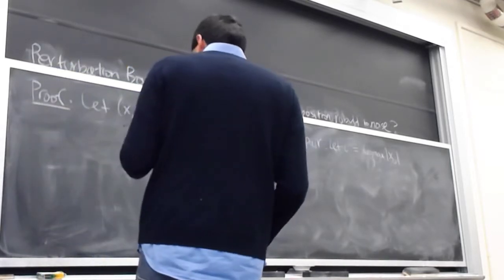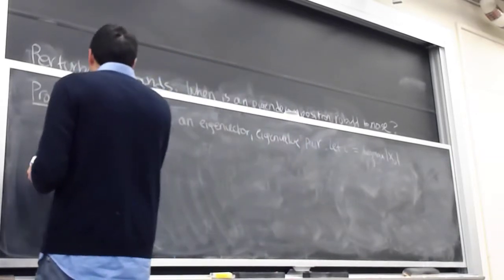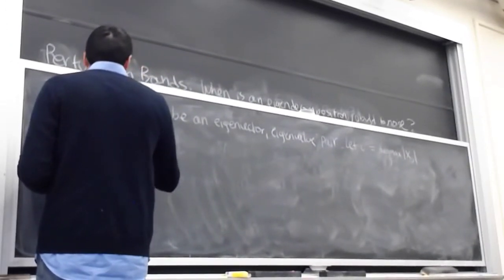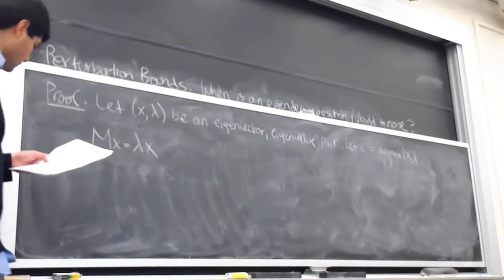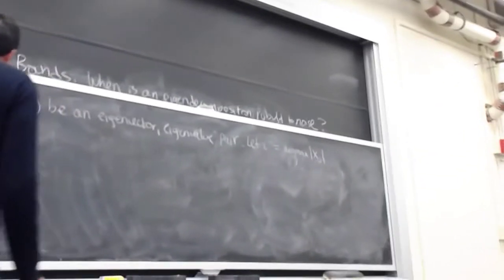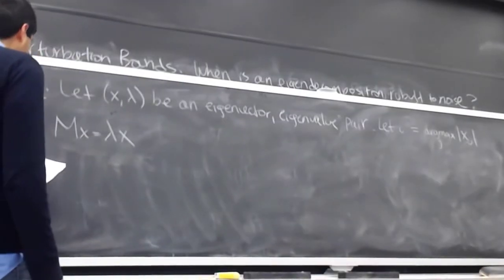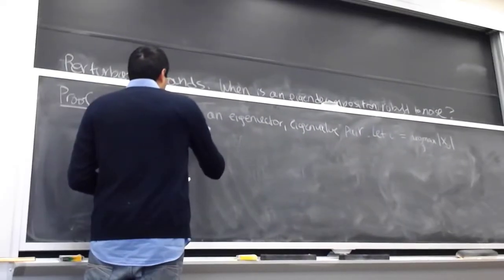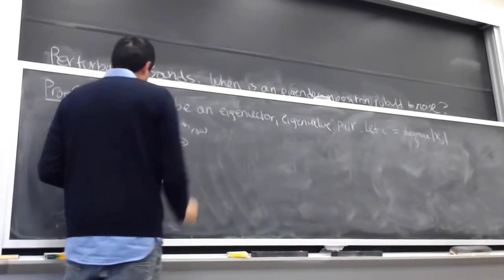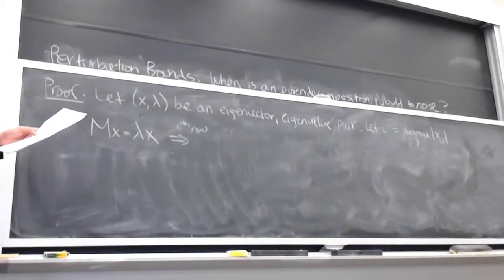But now the key idea is we're going to use the fact that it's an eigenvalue, obviously. So it satisfies this condition. And what we're going to do is look at the ith row of this linear system.